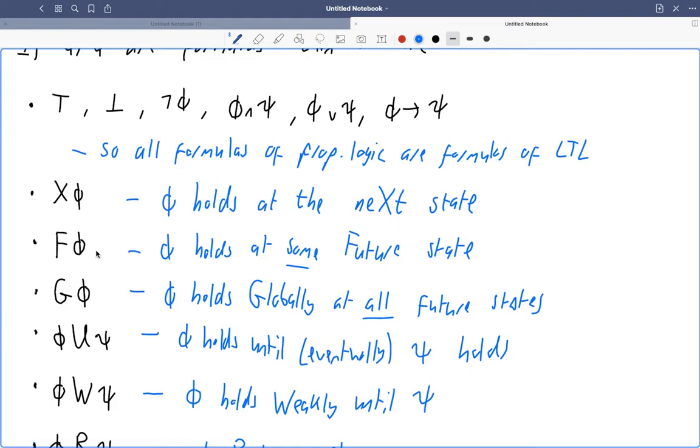Of course, it may evolve in many different ways in the future, in which case we'll consider many different paths. But once we fix on a path, we're fixing on a particular evolution through time. And then the first state in the path is now, and the other states in the path are the future. So the second state in the path is the next state, and so on.